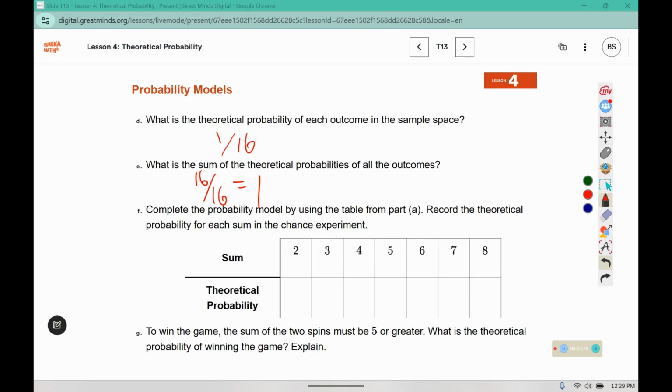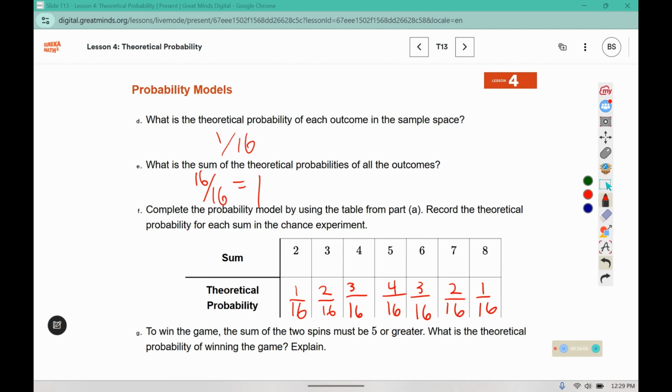So the sum of 2 only showed up once out of 16, but 3 showed up twice. 4 occurred 3 times. 5 occurred 4 times. 6 occurred 3 times. 7 showed up twice. And 8 only occurred once when we had a 4 and a 4 spun.